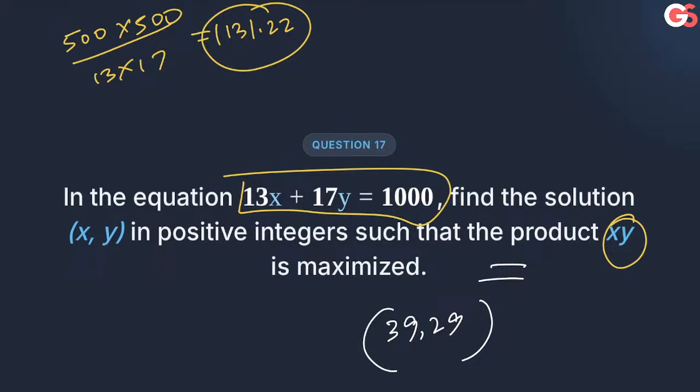AM-GM इनइक्वालिटी को अभी छोड़ दो, जब हम वहां पहुंचेंगे इनइक्वालिटीज तो हम कर लेंगे। फिलहाल जो आज हम कर रहे हैं उसके हिसाब से क्लियर हो गया ऑल ऑफ यू?